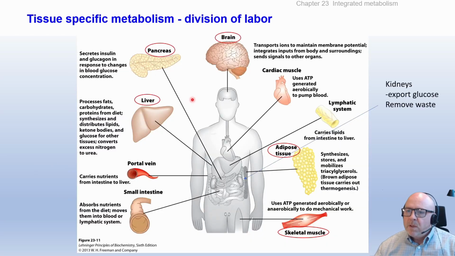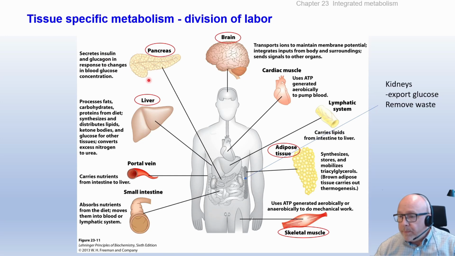Okay, so here we see most of the important organs in the body taken out and displayed. They don't show us the kidneys. We will be mentioning the kidneys. We have mentioned it before. Their role is to export glucose under starvation conditions via gluconeogenesis, and then of course to remove waste, urea, that builds up in the body.